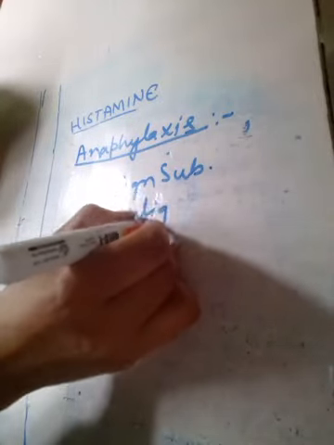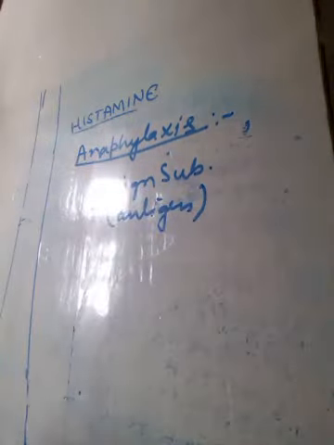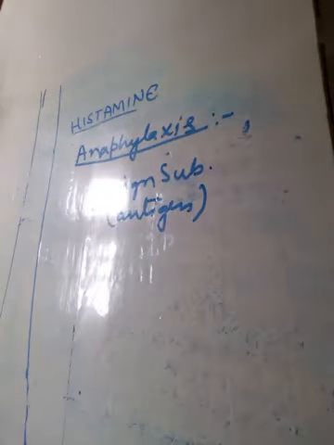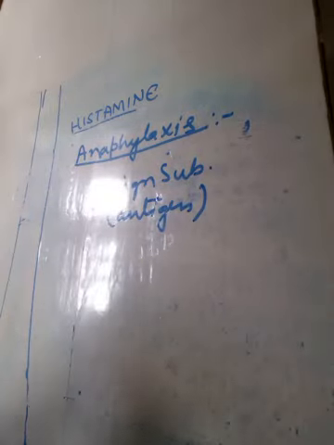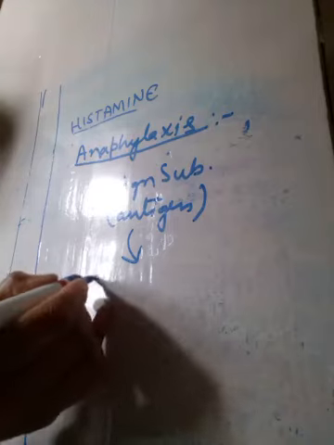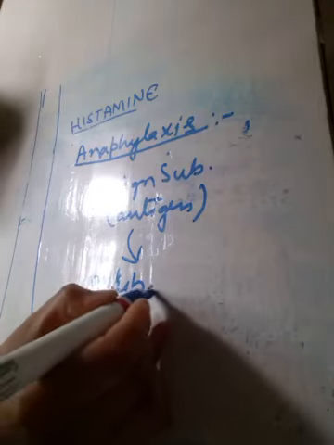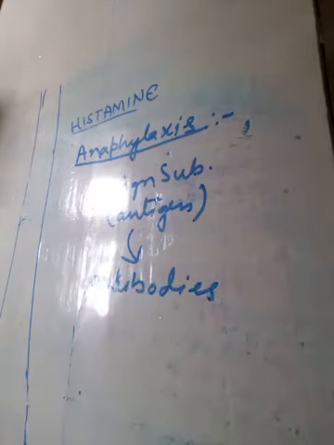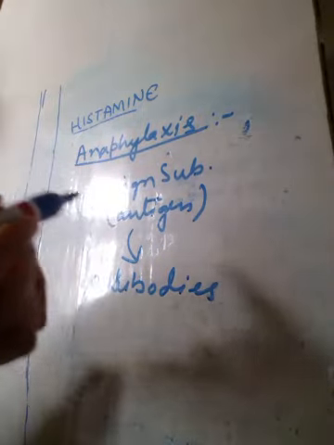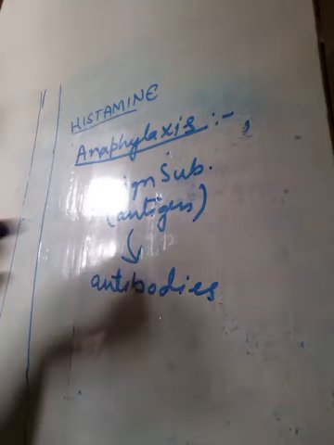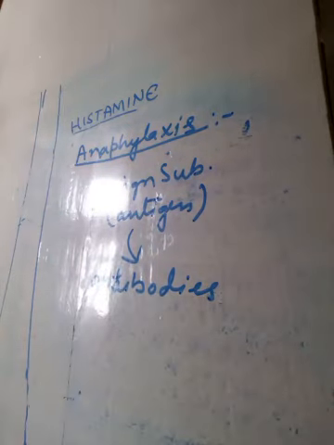Our body sometimes gets exposed to a foreign substance which we call an antigen. Our body shows a response to the stimulation of the antigen. Our body starts secreting antibodies. These antibodies remain circulating in our blood.